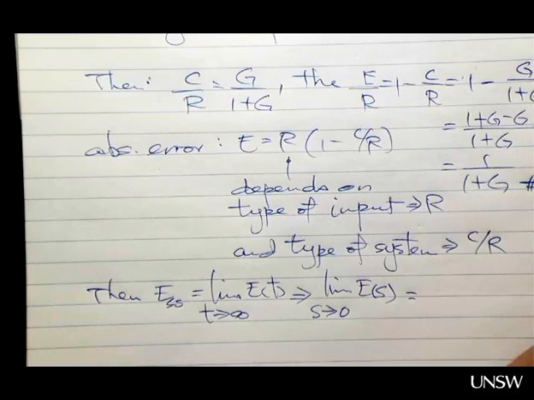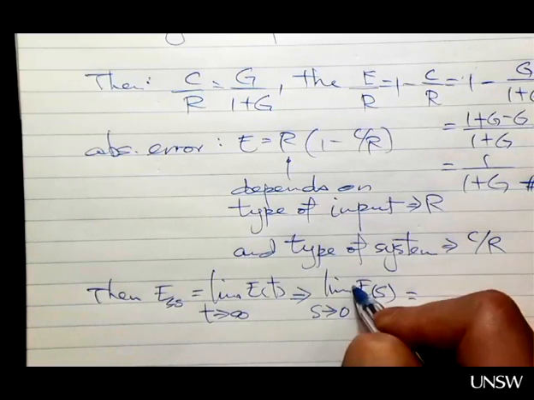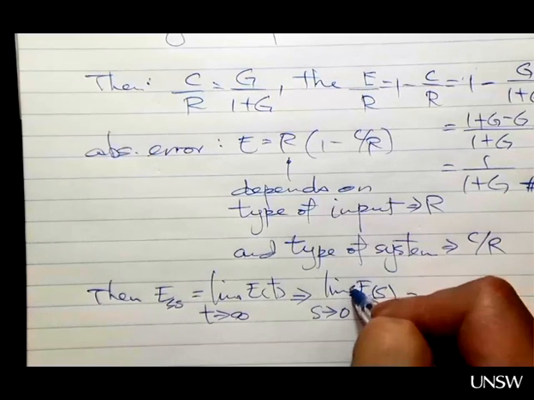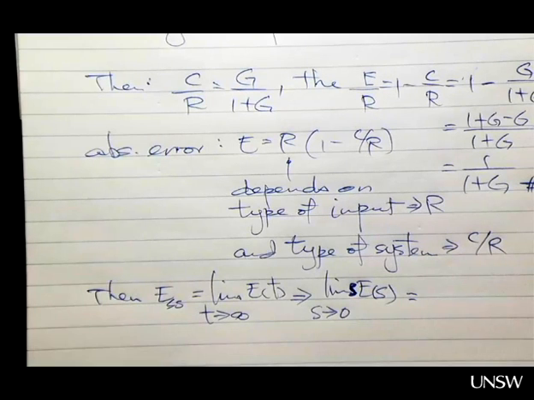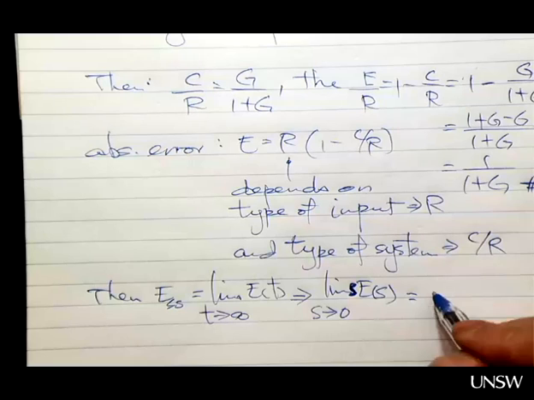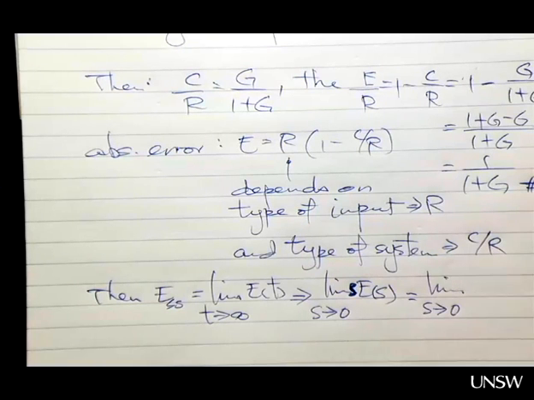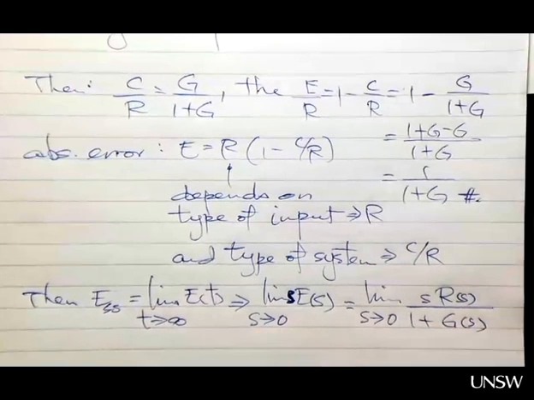So it is the limit as s goes to 0 of s, the input, and then the open loop system. Okay. Any question up to now?